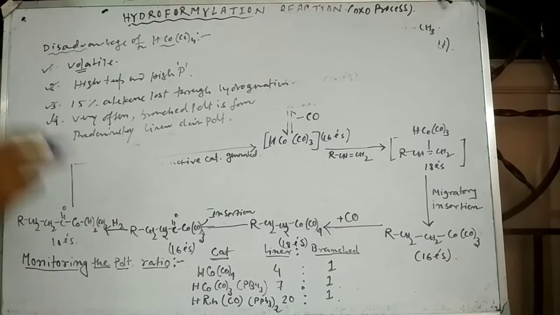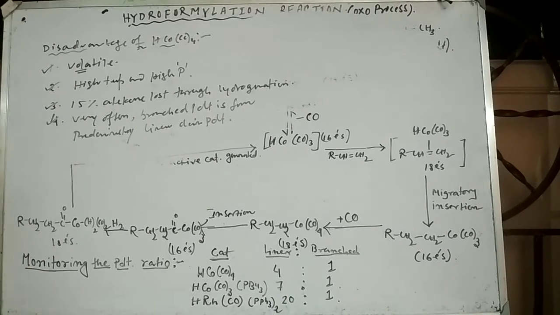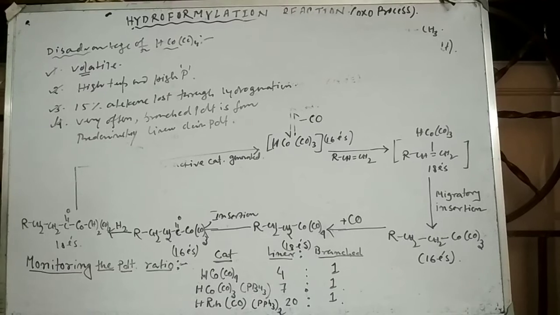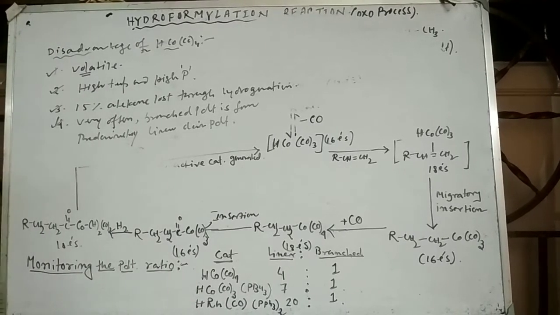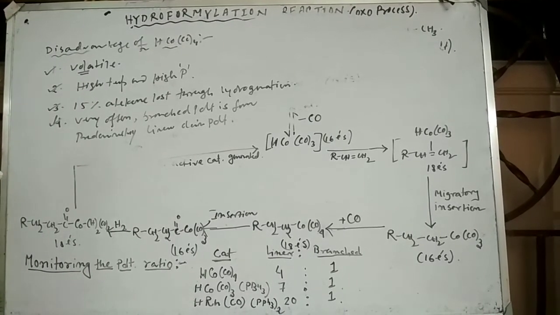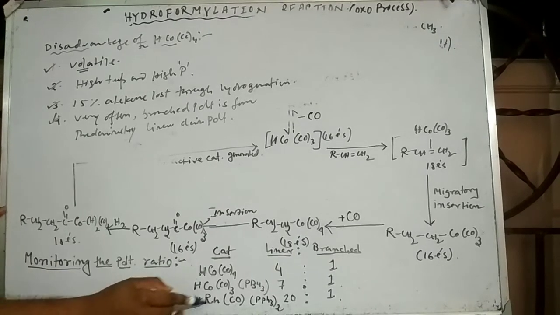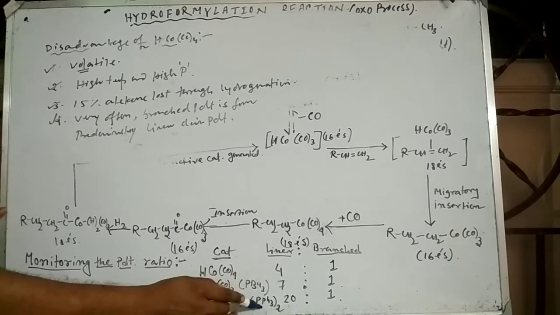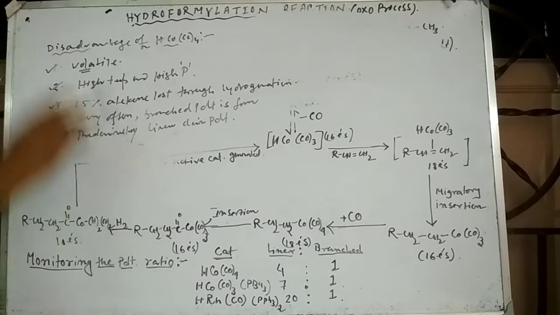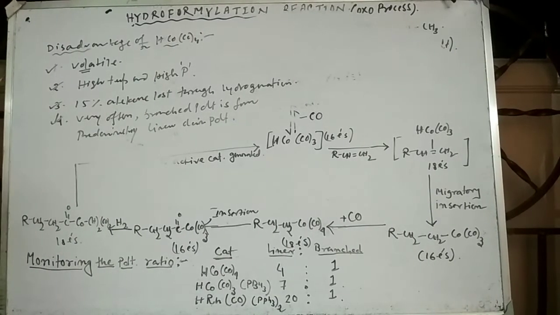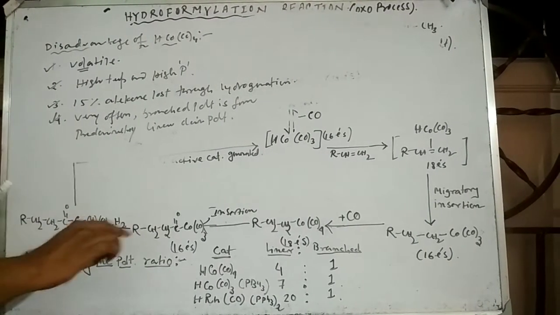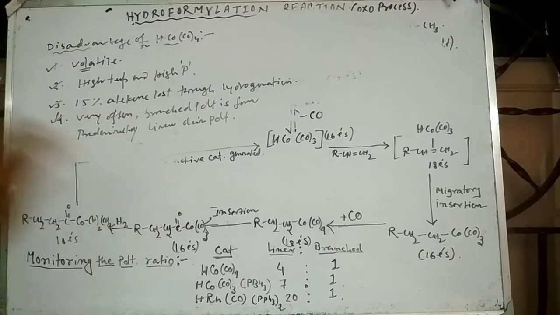That's why, in advanced work for the hydroformylation reaction, we use the catalyst HRh(CO)(PPh3)2. Such problems are avoided by the use of this type of catalyst. Thank you.